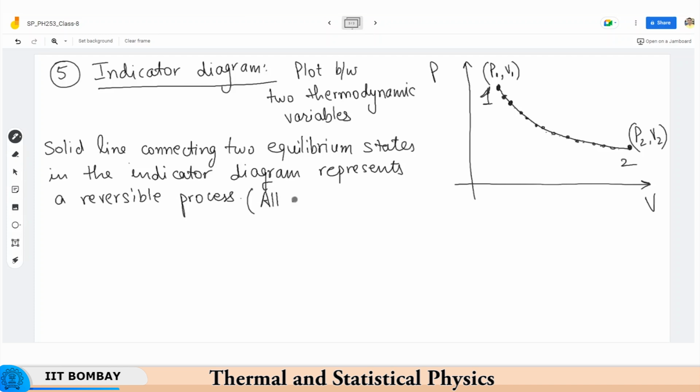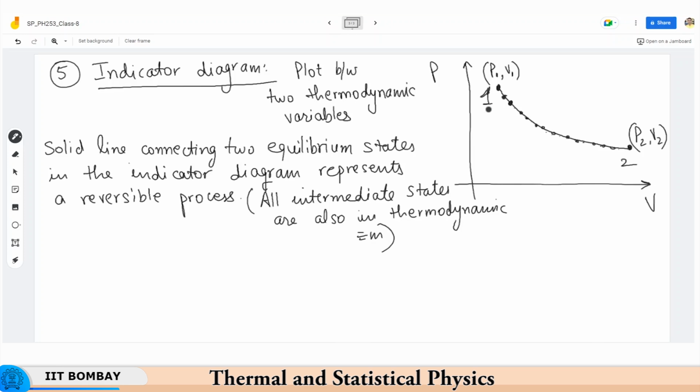All intermediate states are also in equilibrium, in thermodynamic equilibrium, right?